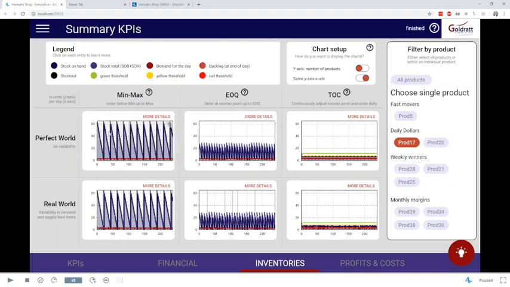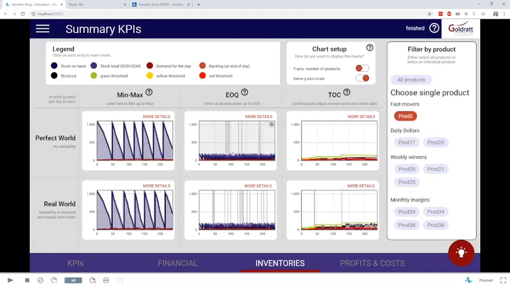So you can now see these are all to scale, and the stock level that TOC typically holds for this product is a lot lower than EOQ, which itself is a lot lower than the min-max. And you can compare that for all the different products. And for some products like this one, you also see stockouts, these vertical gray lines, which happen when the demand is suddenly so high that the inventory can't actually cope.